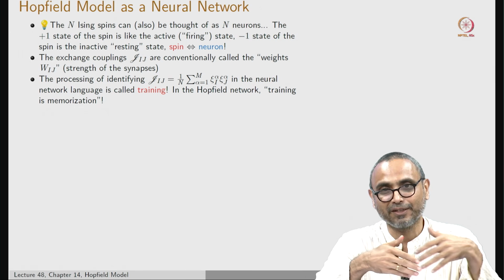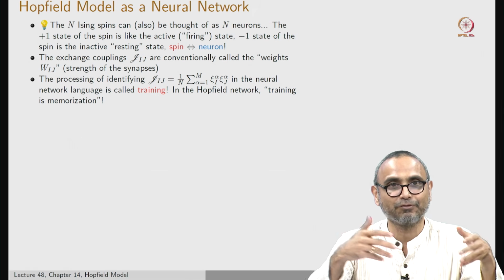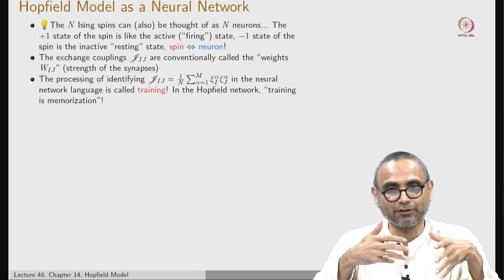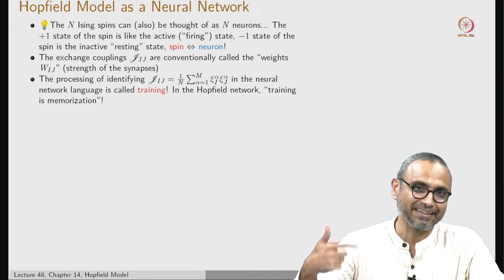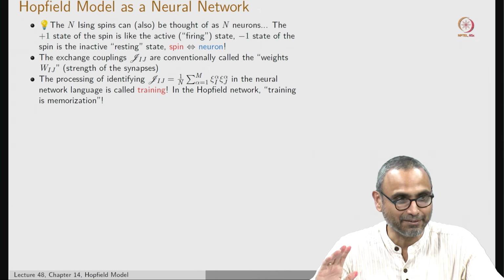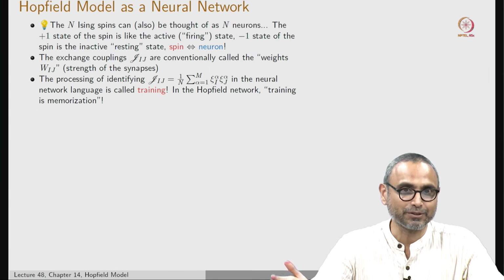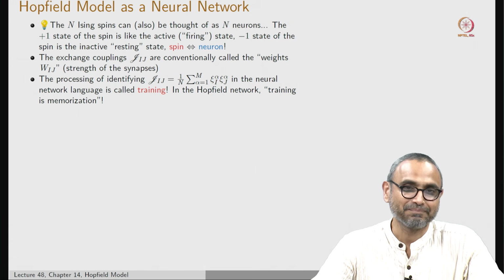So if you want to identify a variety of objects, you have to feed it a lot of these objects with some label classifying each one of them, and train the network so that the weights are correctly determined, so that at least for the ones that you fed in, it reproduces the data correctly. It identifies the images correctly, let us say. That is called training.